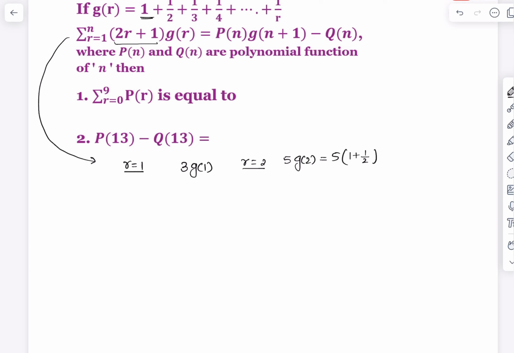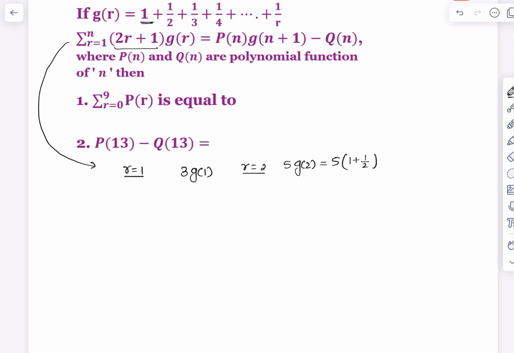If we write this sequence, we are getting 3 times 1, plus, for r value 2, 5 times (1 plus 1 by 2). Then for r value 3, this will become 3 into 2, 6 plus 1, 7. 7 into g of 3, which will be 1 plus 1 by 2 plus 1 by 3, because we are putting r value 3, so this summation will go till 3. So 1 plus 1 by 2 plus 1 by 3.